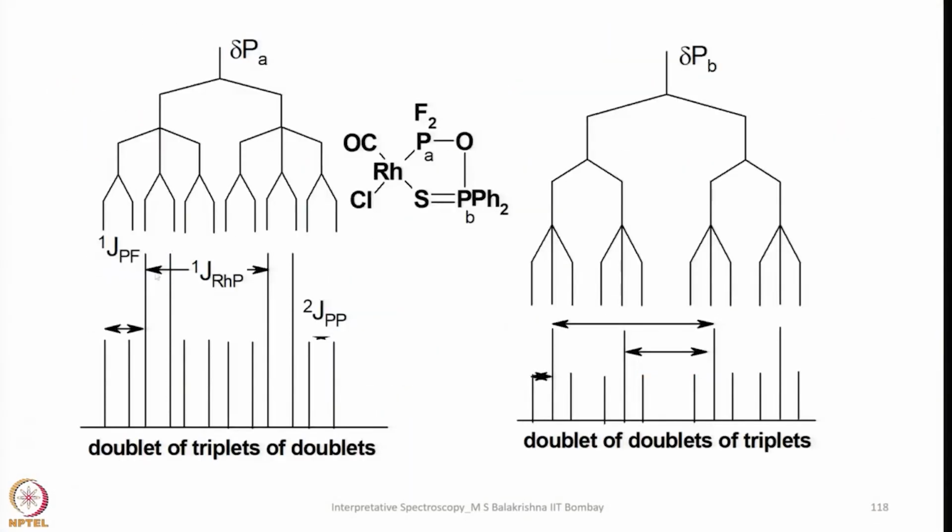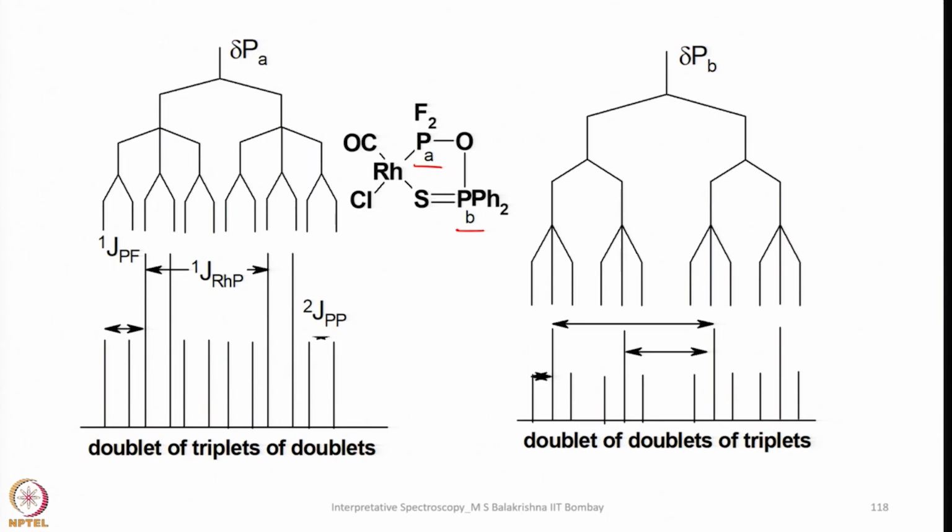In the rhodium complex I have labeled the phosphorus atoms PA and PB here, and of course I can also label them as A and X. This is a typical AMX spin system, but we are looking at the A and X signals because rhodium is a heteronucleus here. Now, first if you look at PA, it is first coupled with rhodium because rhodium to phosphorus coupling is larger than phosphorus to fluorine.